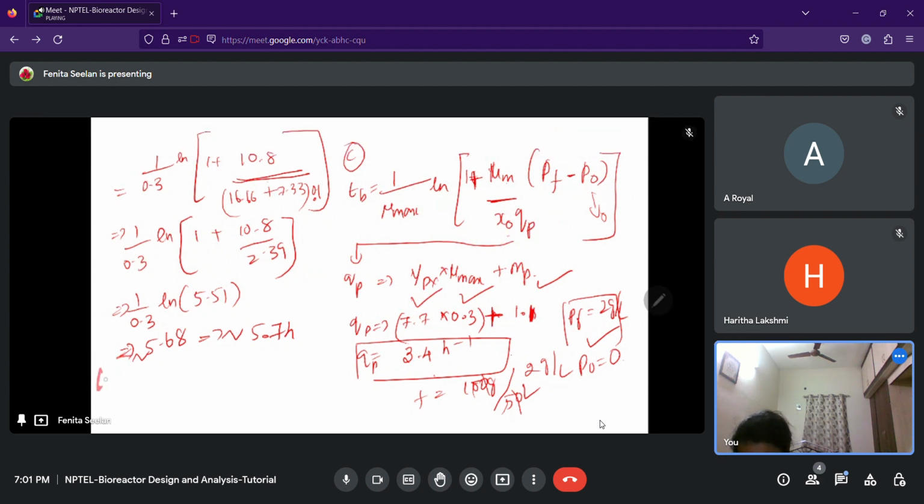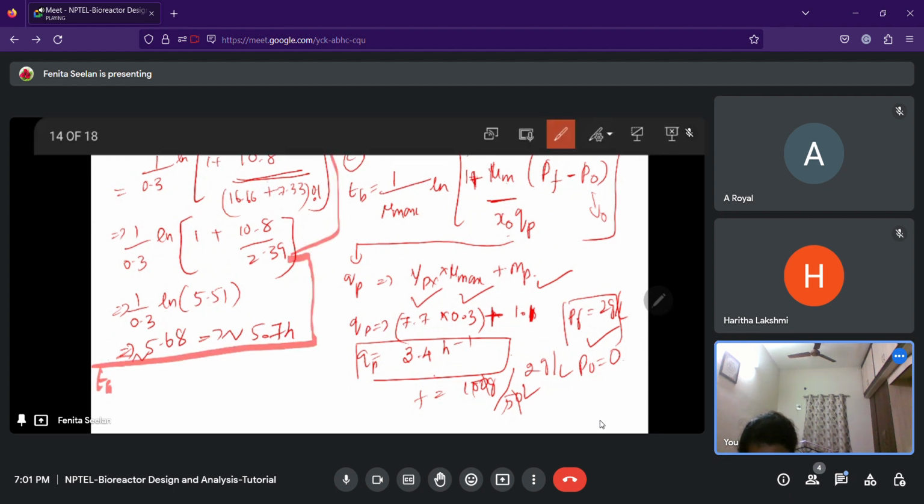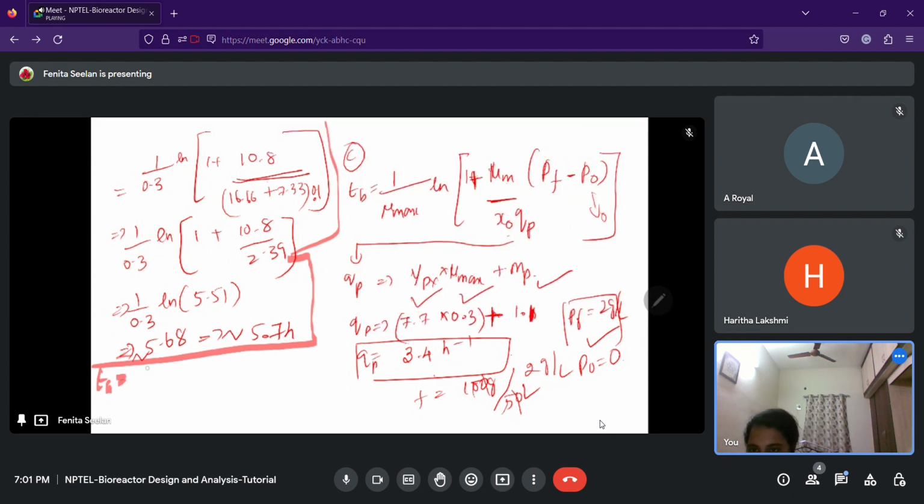So TB is equal to 1 divided by 0.3, ln of 1 plus 2 divided by 0.1 into what is the QP value?